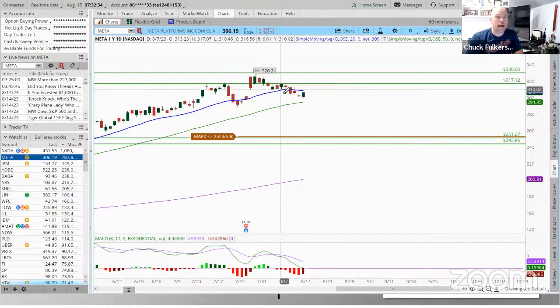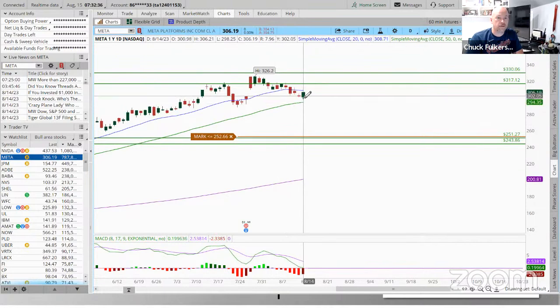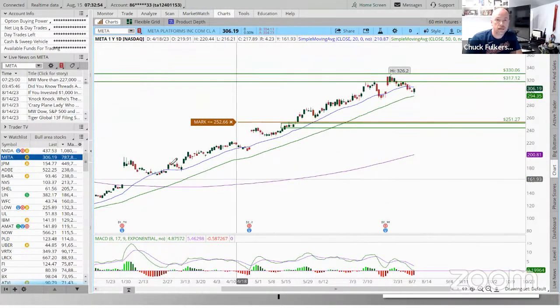After a pullback below the 20, above the 50, a full bullish engulfing candle closing on the high yesterday. Does that mean we're going to come rocketing up? Not necessarily. This morning it looks like we're going to open up somewhere between 304.13 and 304.78. But Meta is right on the list of a potential candle to candle entry.